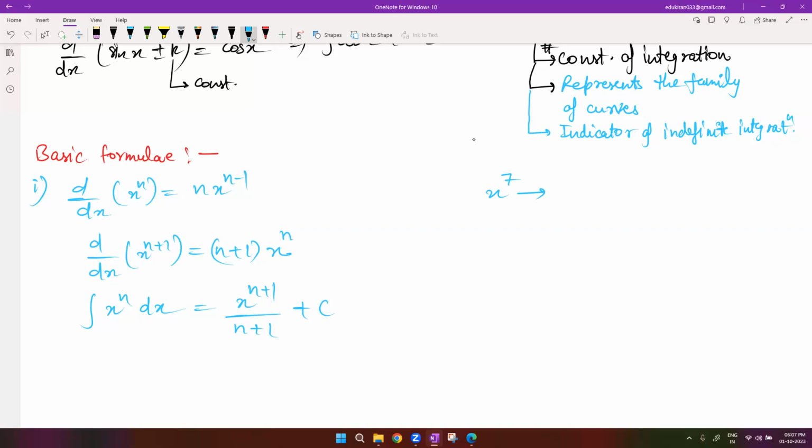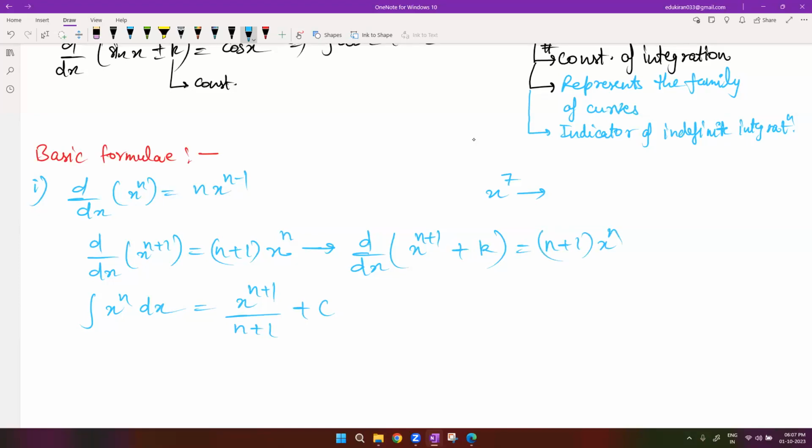Now, there is just a little math that may confuse you later on. Let's say we had a constant k here. मान लो यहाँ पे कोई constant भी था, ठीक है? Then what would be the answer? Same, right?